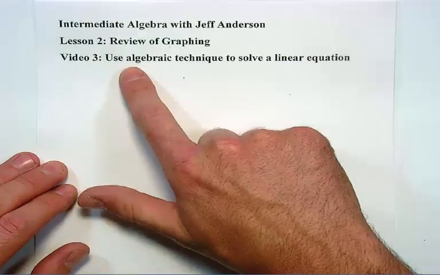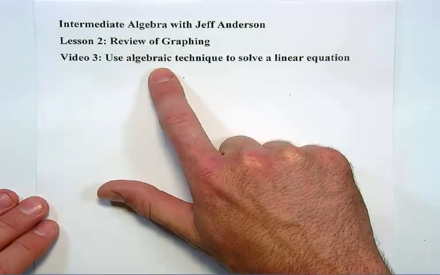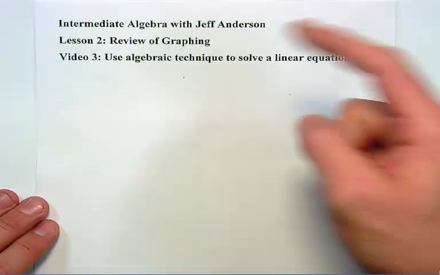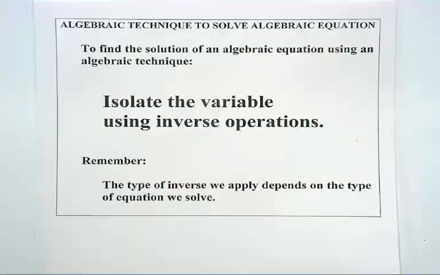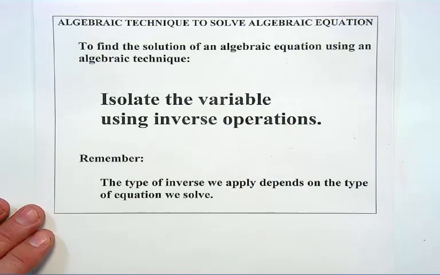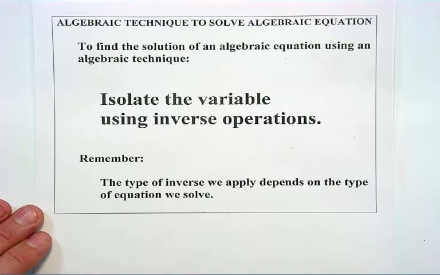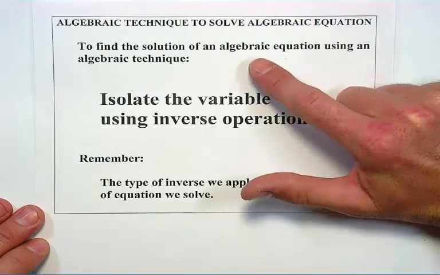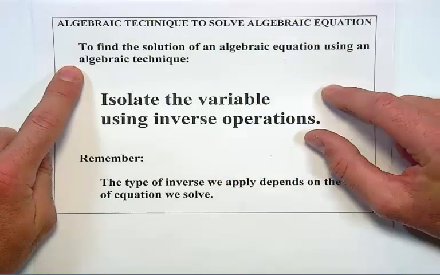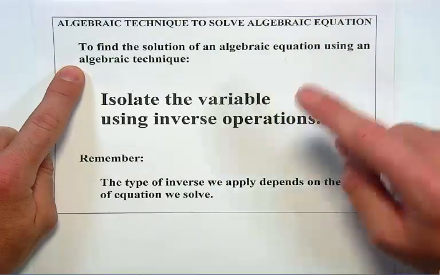In this video, we're going to get our hands dirty with a review of algebraic techniques to solve equations that we've seen in our past lives. Let's remember what we said about the algebraic technique to solve algebraic equations from video 1 of Lesson 2. To solve an algebraic equation using an algebraic technique, our motto is isolate the variable using inverse operations.